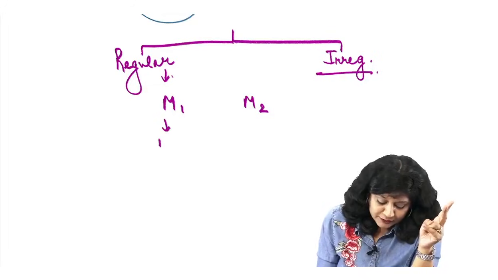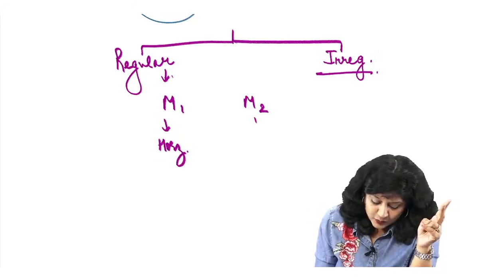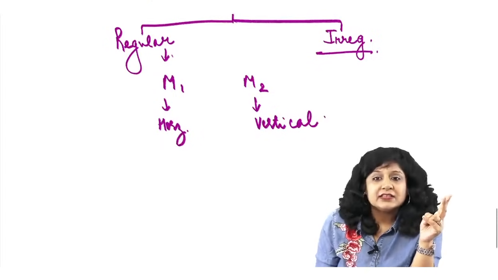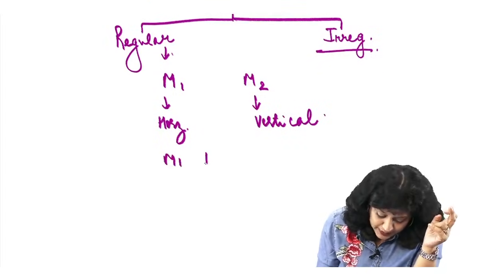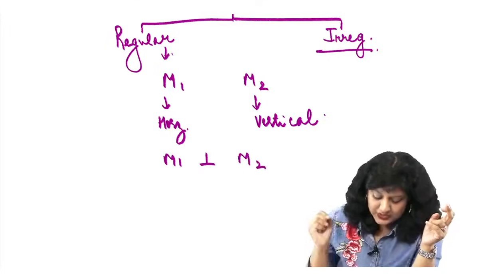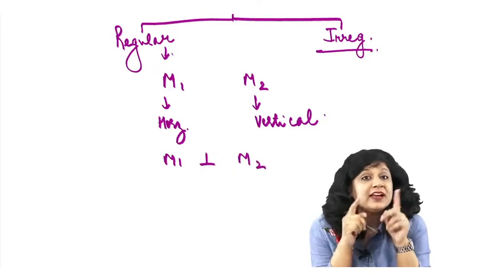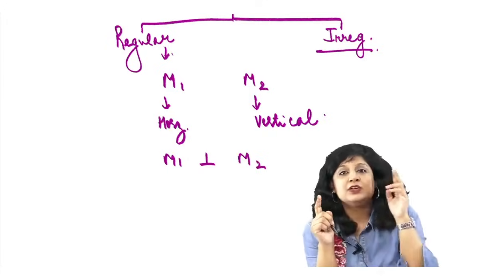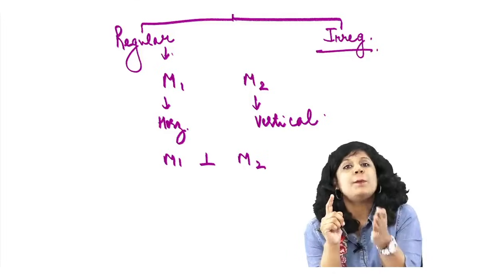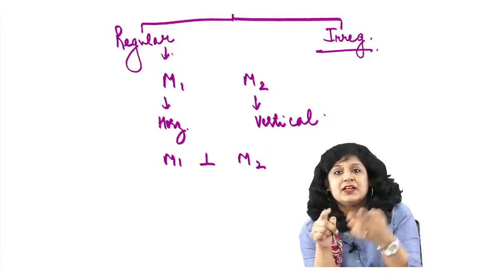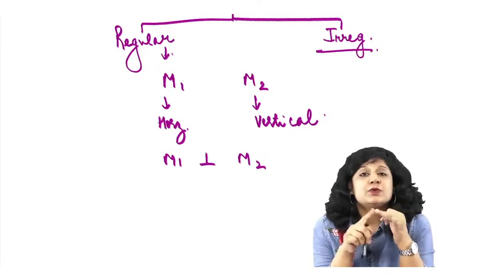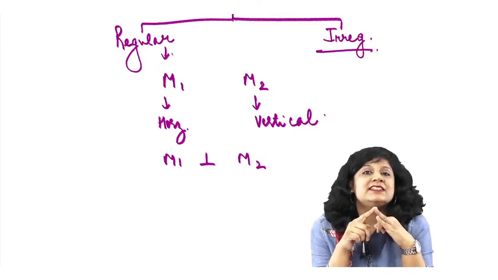Now one of them will be horizontal and one of them is vertical, and third is that they should be perpendicular to each other. What they are trying to say is, when I have a difference of power in at least two principal meridians, suppose I name them M1 and M2, they should have an angle of 90 degrees.